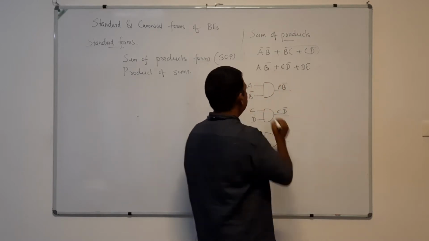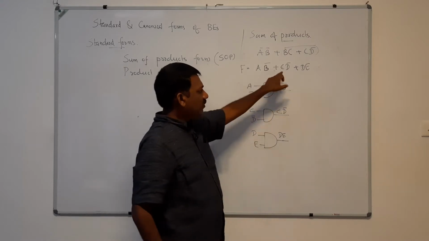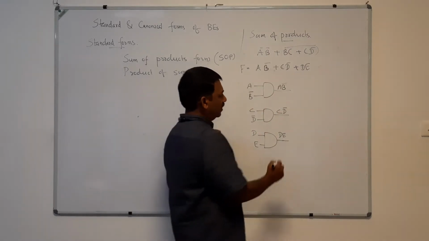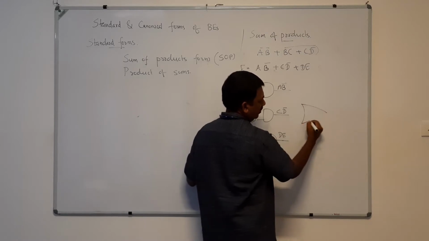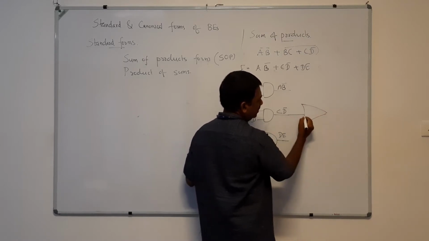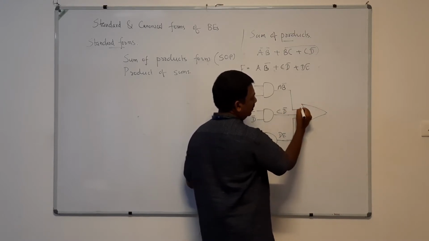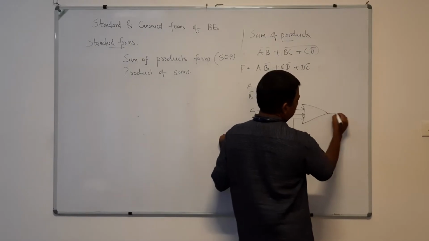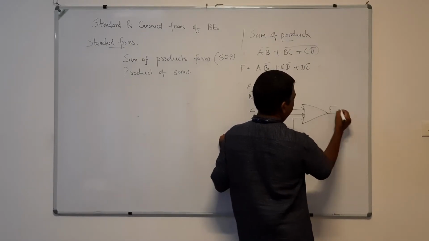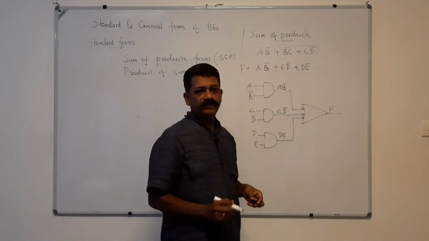Now this is the expression F. F is equal to AB bar plus CD bar plus DE. Now you have to OR these three. That means this is a 3 input OR gate, and the output is F equals AB bar plus CD bar plus DE.